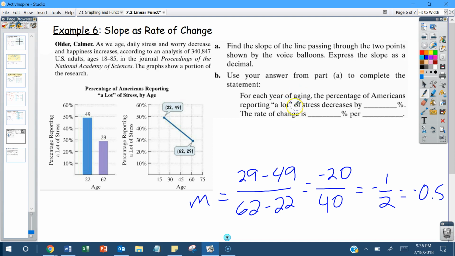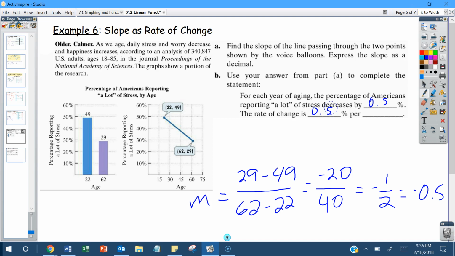So this says for each year of aging, the percentage of Americans reporting a lot of stress decreases by 0.5%. So for each year, it's going to go down by 0.5%. So you go down 1 over the right. So the rate of change is 0.5%. We're interpreting slope as the rate of change.